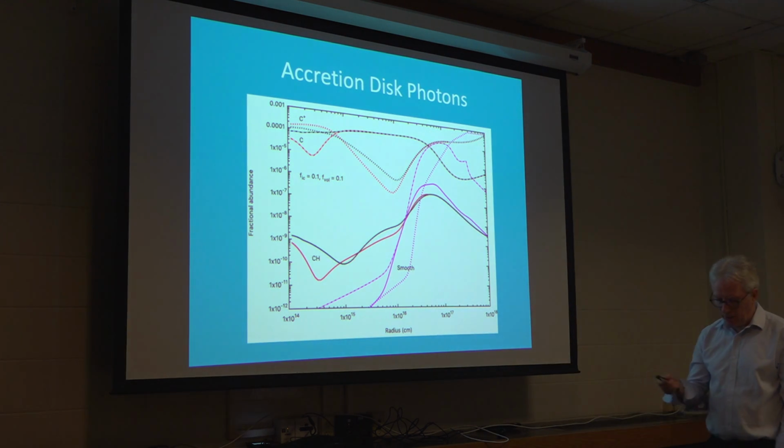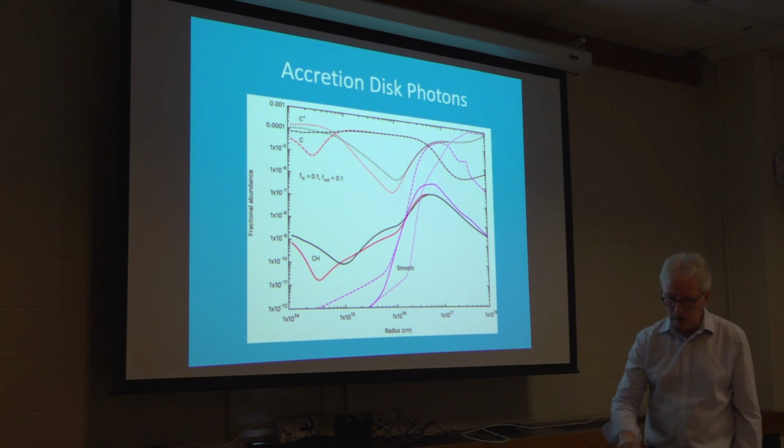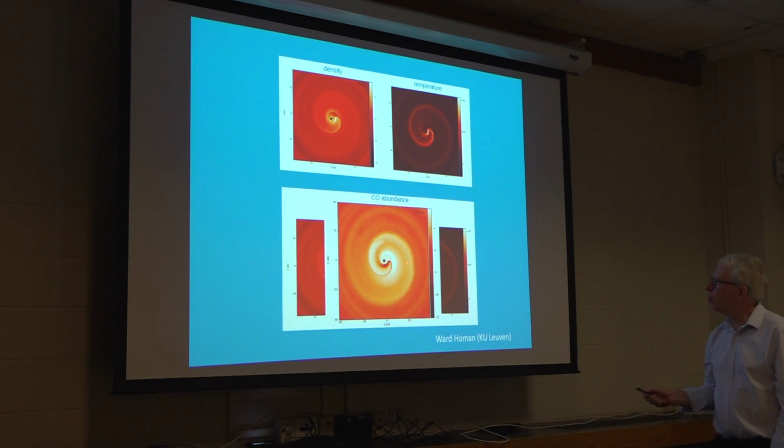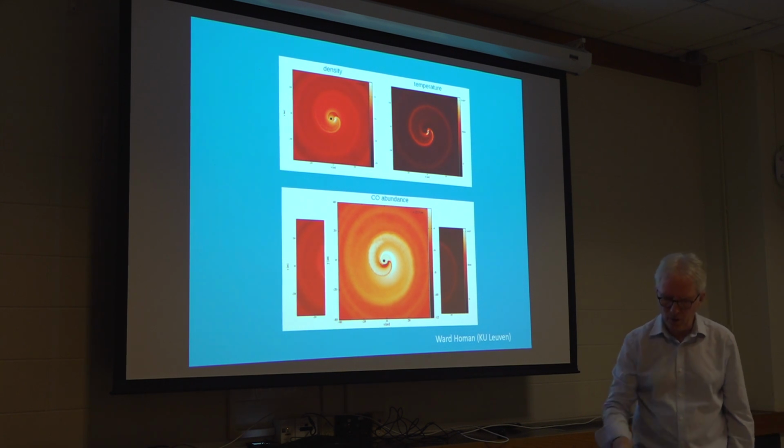So his model is very simple. He has no photons in it. His temperatures in the accretion disk are on the order of 10,000 degrees. So you certainly can generate ultraviolet photons at those temperatures.